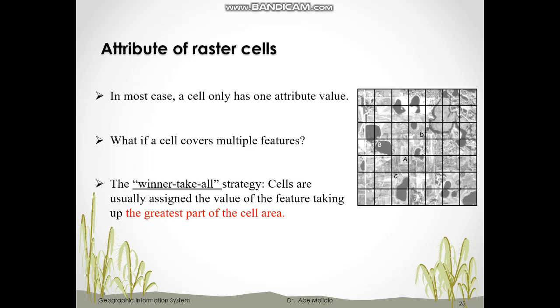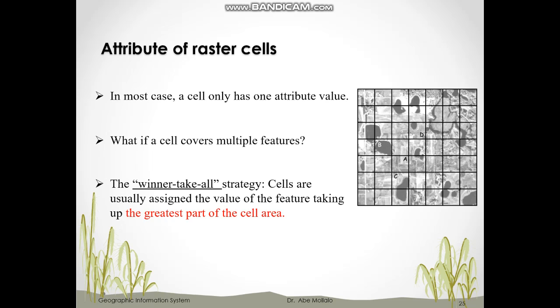The dark area represents water bodies, and the bright area is farmland. So both features are in cell B. So the question is which value we should assign to this cell, because remember, a cell only accepts one value, water body or farmland.